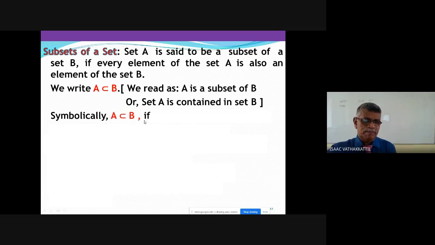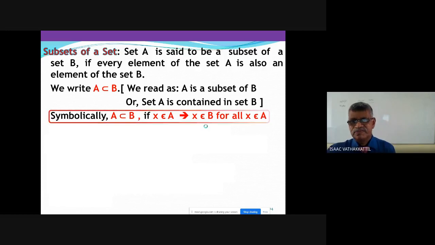A is a subset of B if x belongs to A implies x belongs to B. Whatever element x is in A, it must be in B. Then we say that A is a subset of B. Okay, clear? For all x, whatever x you find in A, it must be present in B.